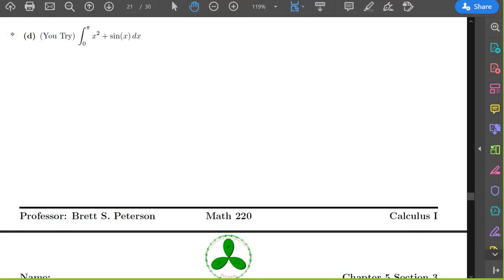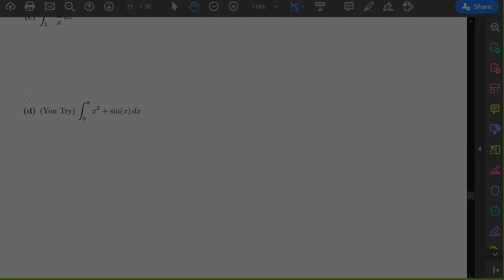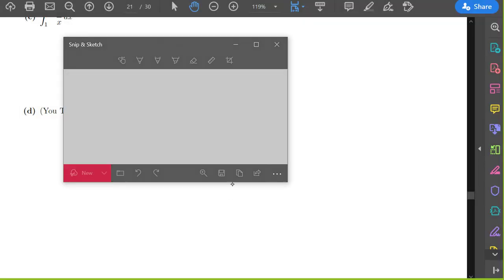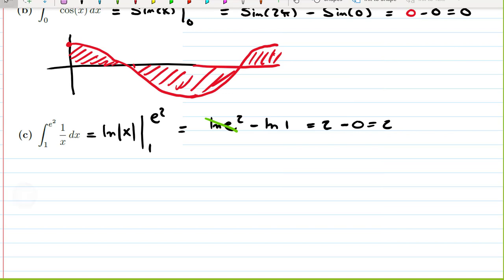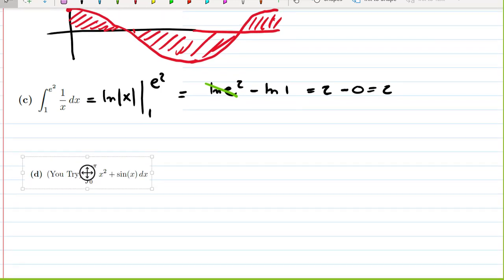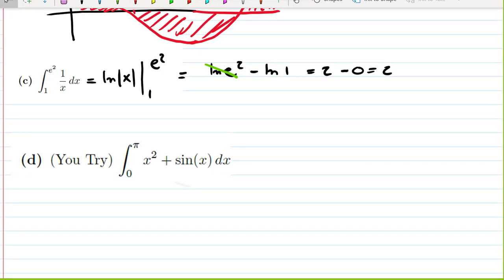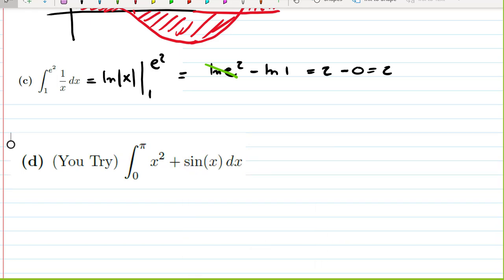All right, so it's now your turn. So let's go ahead and find the value of this integral, the integral from 0 to pi of x squared plus sine x.